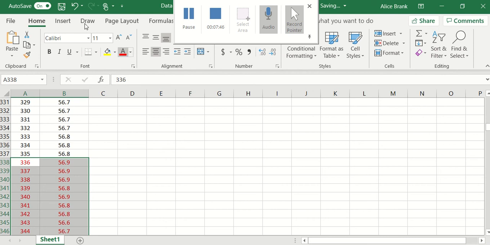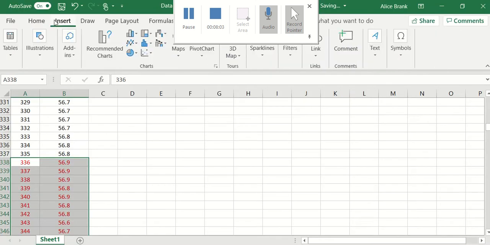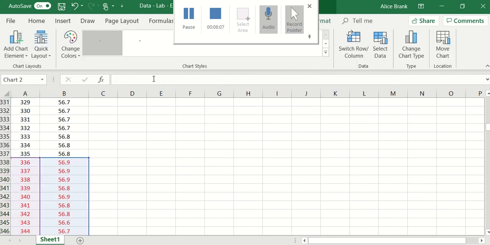Then I have to graph this to fit the data. Wowza, what happened? I don't like the look of this. Oh, it does. Okay. I'm going to do the same graph again.